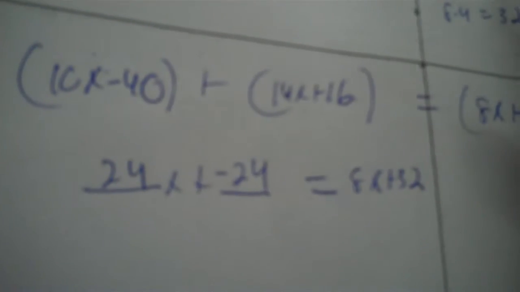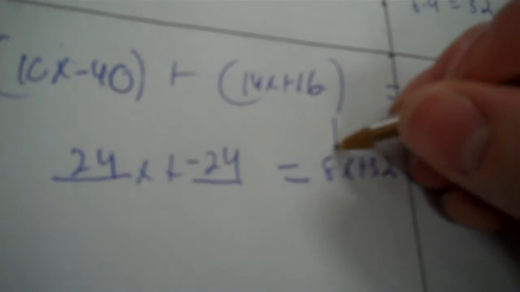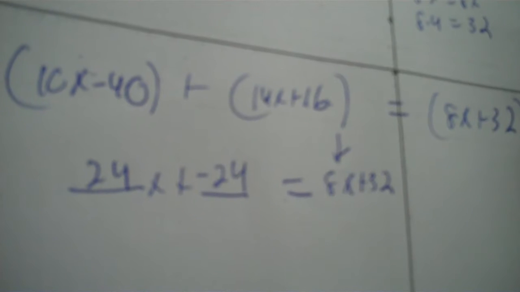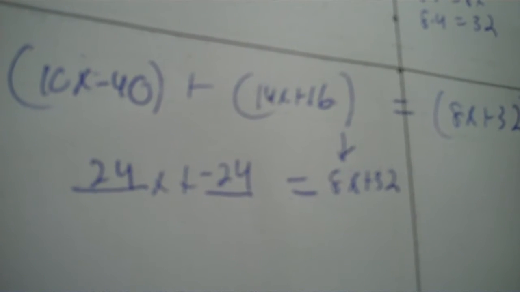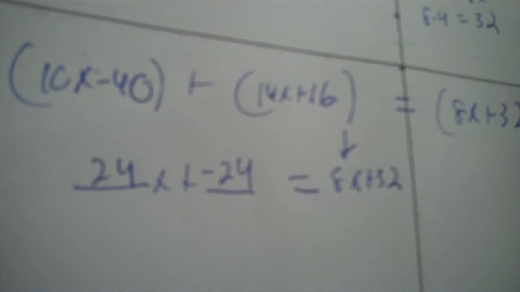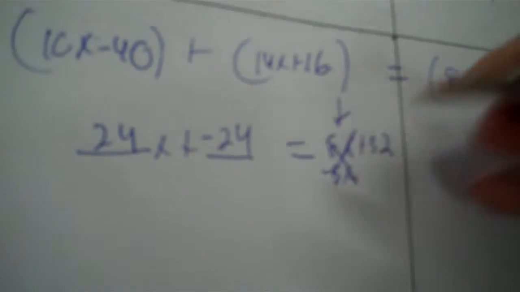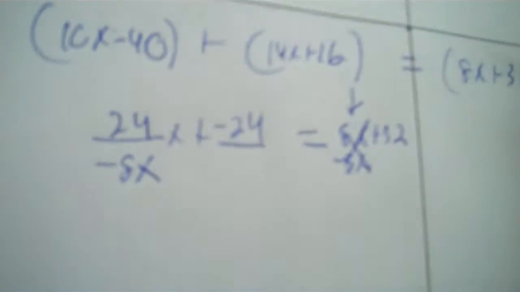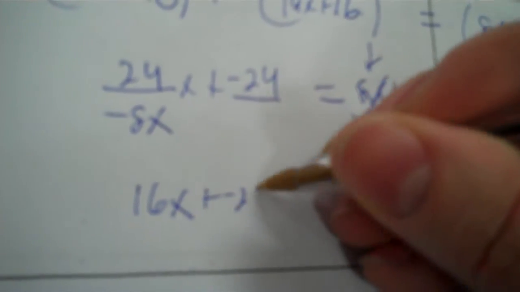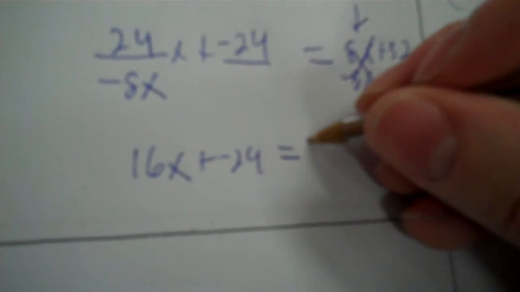Okay, so that means you don't clear one side, you take out one of your x's. I'll take this one, okay? Yeah, that's right. 24x minus 8x is 16x plus the negative 24 equals 32, okay?